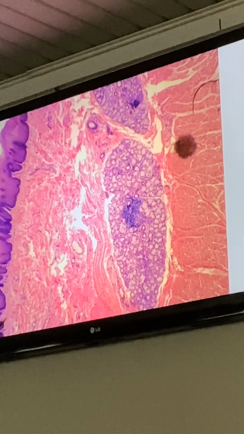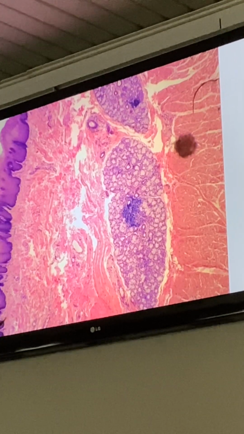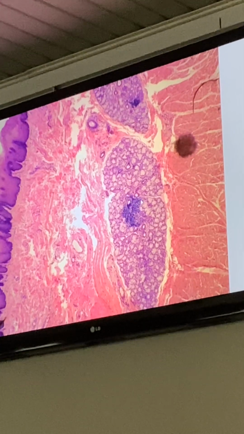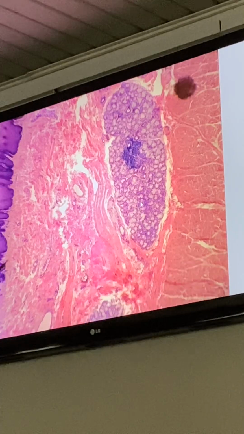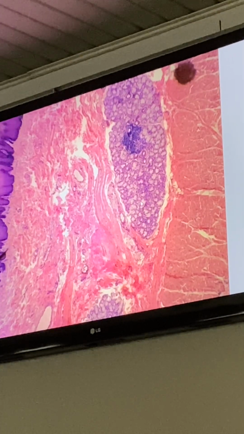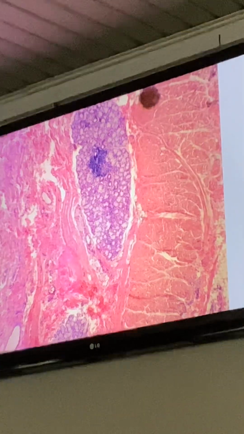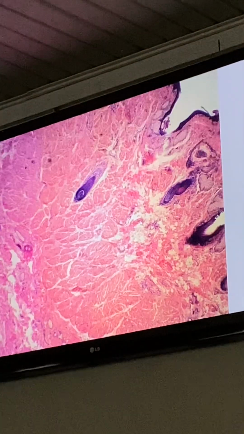The inner surface, non-keratinized, lamina propria, loose connective tissue. This is the minor salivary gland called labial gland. The third surface is a transition between the thin skin and the mucosa, called red border or vermilion border.